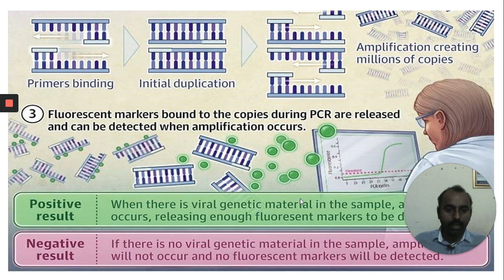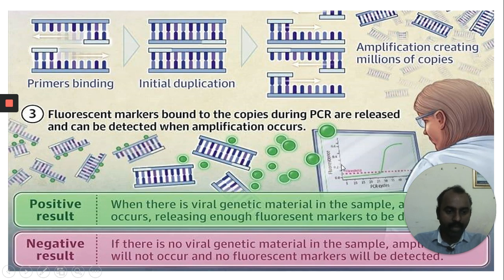While undergoing amplification, we add the fluorescent dyes. The fluorescent dyes get incorporated into the multiplication process, where after complete multiplication, there is a release of fluorescent dye. If you get a positive result, that means you have a positive graph in your fluorescent assay, with some artifacts.